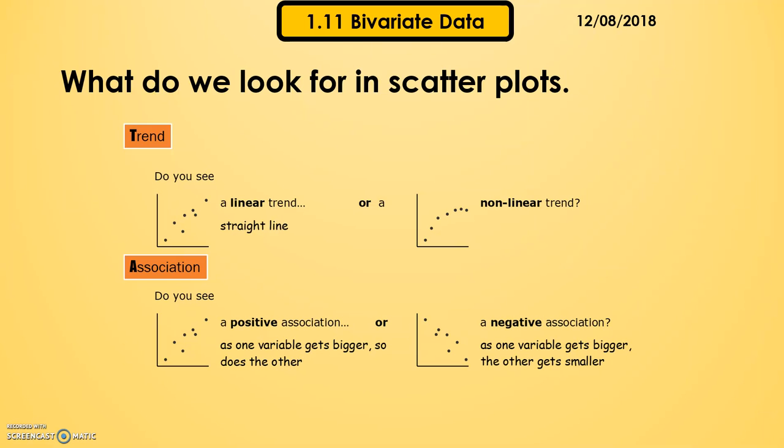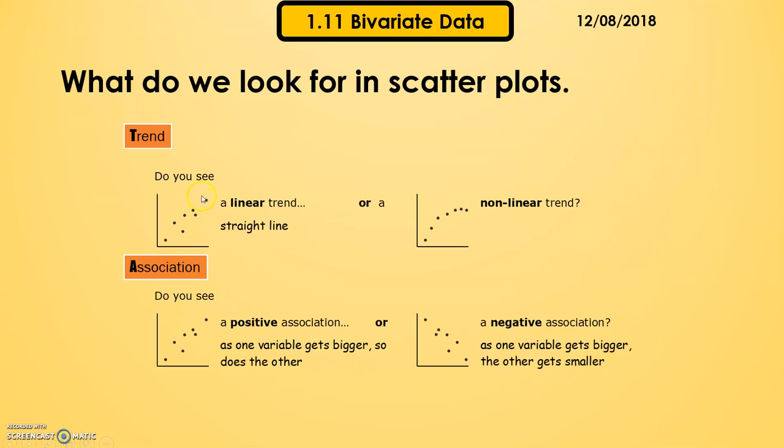First of all, T stands for trend, and it's what do you see, whether the trend is a straight line or not, or is it a non-linear trend where it curves. You can see in this graph that we've got points in the bottom left and the top right, and we don't have any points in the top left or the bottom right.